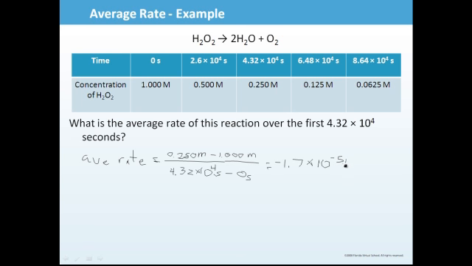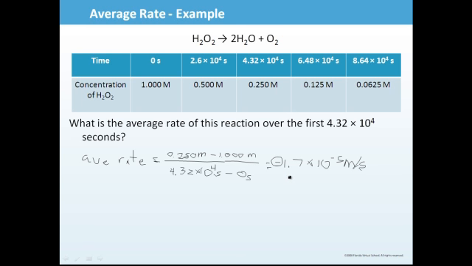Okay, and the units would be molar, right? This is concentration per second, concentration per time. Now the negative sign does not mean we have a negative rate. That just simply tells us the direction that the reaction is occurring. So normally we do not worry about writing the negative sign.